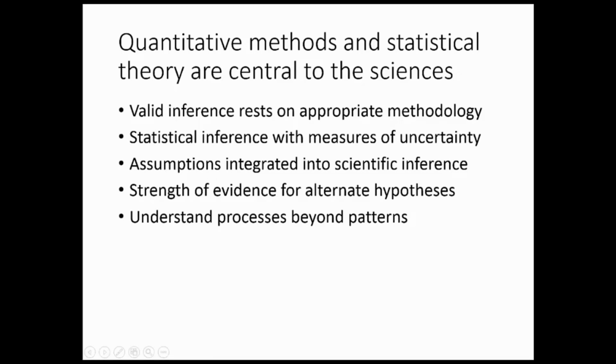For one thing, valid inference rests on appropriate methodology, and using these quantitative methods, we can arrive at statistical inference with measures of uncertainty. And another important aspect is this approach allows us to integrate assumptions into our inferences and provide strength of evidence for the alternative hypotheses. And importantly, we want to understand processes beyond those patterns alone.